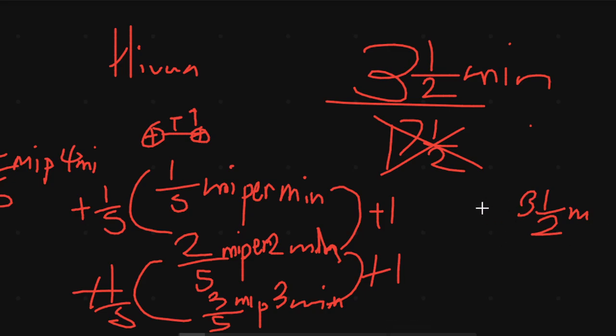So we're looking for how many miles away Yvonne's school is. We have to multiply both of them by 3.5 minutes to see how many miles he would go in 3.5 minutes.